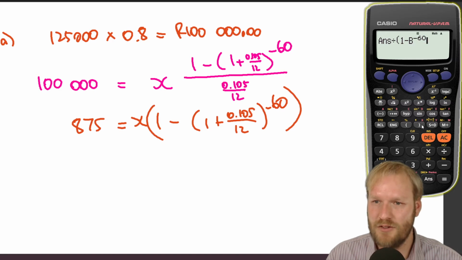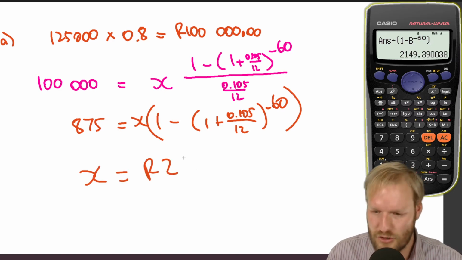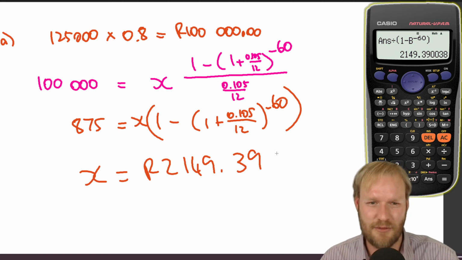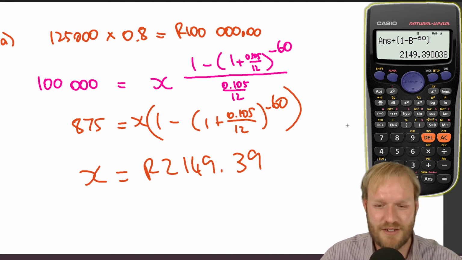So X equals 2149.39. Okay, so that's the monthly repayment over the next gazillion years. Okay, so there we go. That is that.